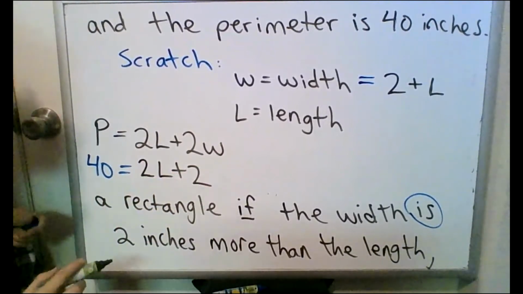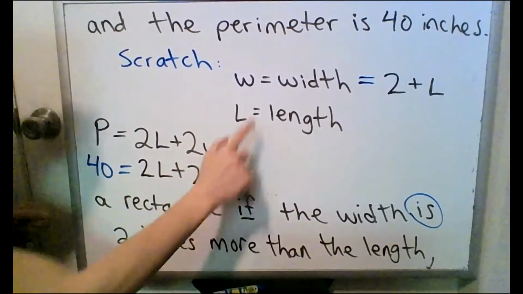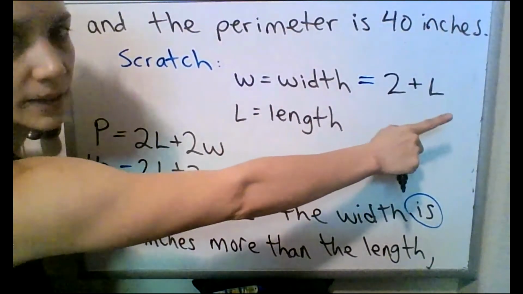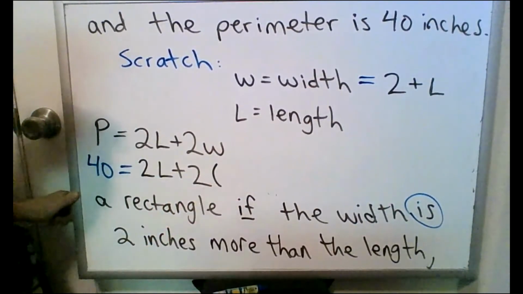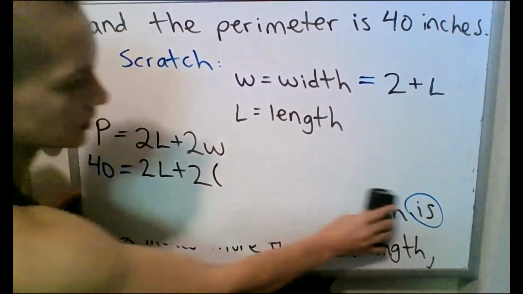And at this time, I'm also going to replace W. W equals 2 plus L. And that way, when I have just one variable, L, I can solve for that variable.